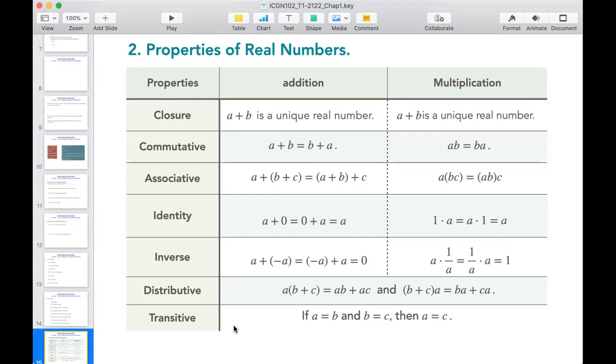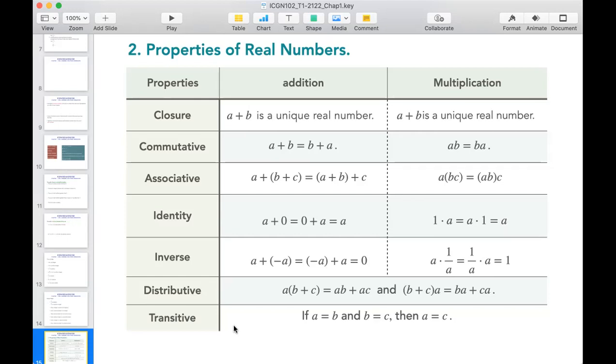Right? This is from the transitive property. When you have, let's say, 3 variables, variable 1 equals variable 2, and variable 2 equals variable 3, that means we can conclude that variable 1 has the same value as variable 3. Okay, so this is what we have for the real number properties.